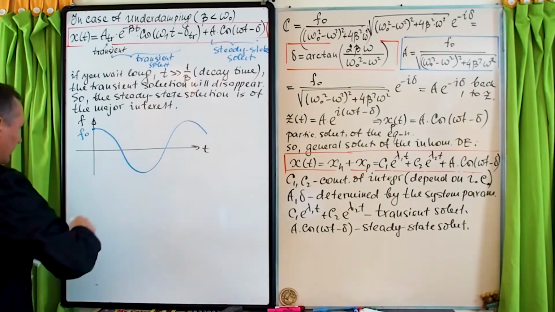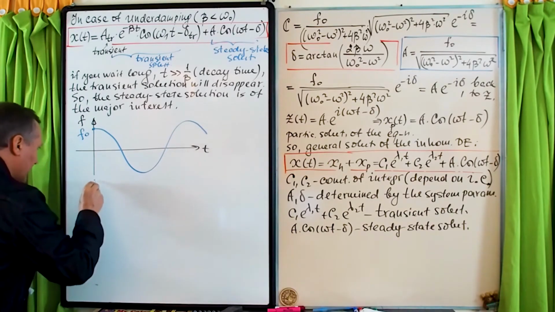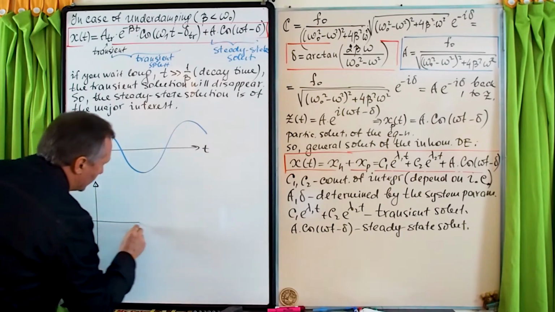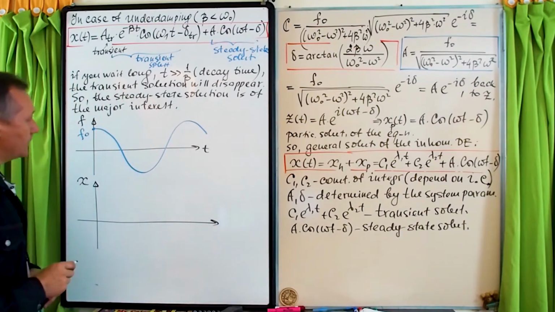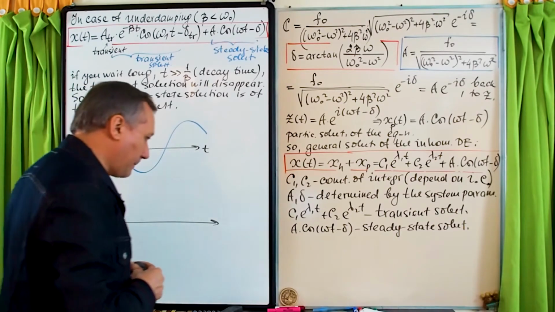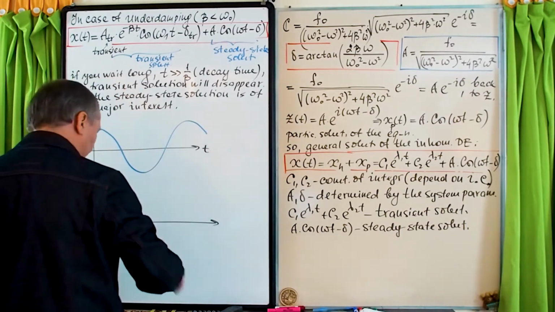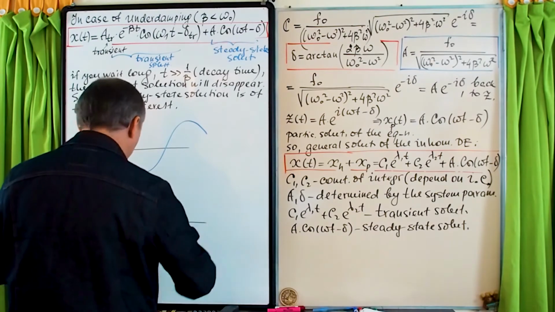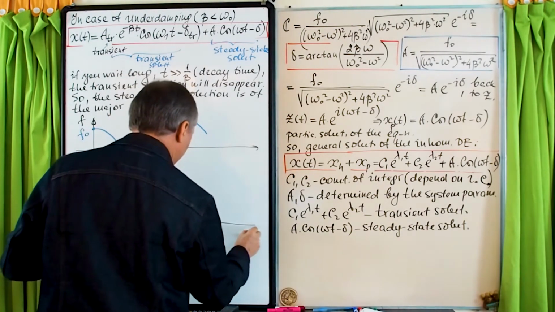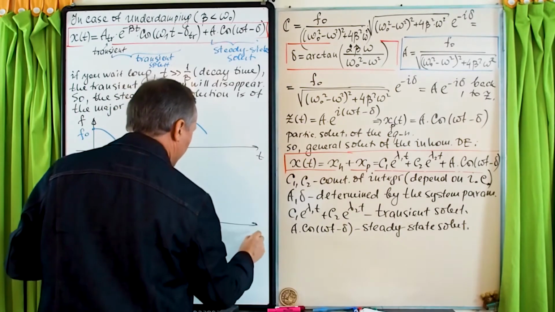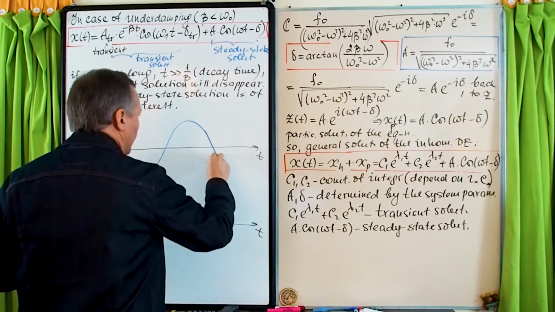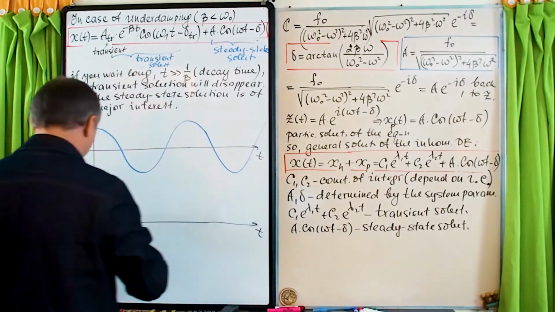Okay, so now let me plot the response of the system, which is x, versus time. Probably I should have made more cycles. Okay, I still have space. Let me increase this x-axis, and this will go into the next cycle.